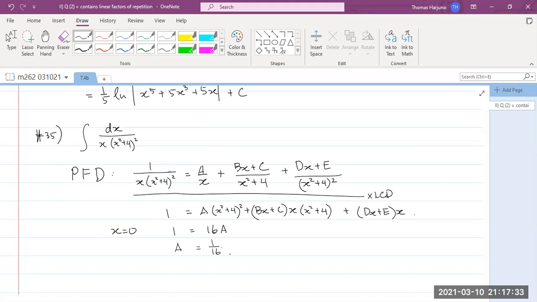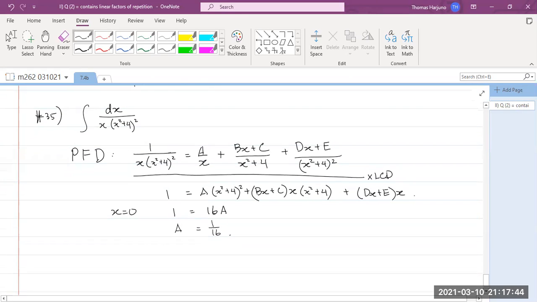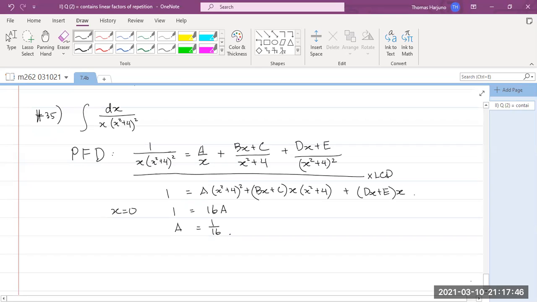Did you do the x squared term? What do you mean? Like the grouping? Yeah, okay, let's take a look at that. What is the degree though? The highest degree is x to the 4th, right?